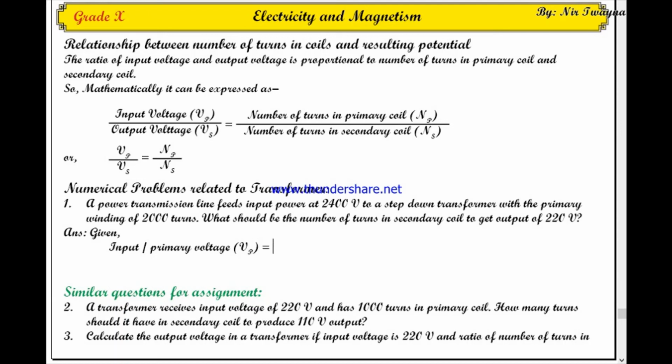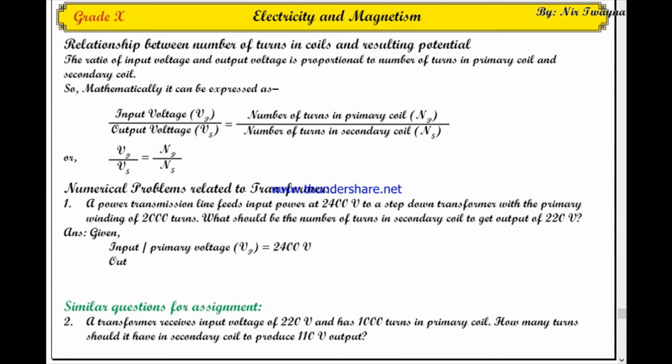Vp is given at 2400 volt, and then output voltage, secondary voltage, is also given. Read the question fully. Look here, to a step down transformer with a primary winding of 2000 turns, what should be the number of turns in secondary coil to get the output of 220 volt? So output is 220 volt.